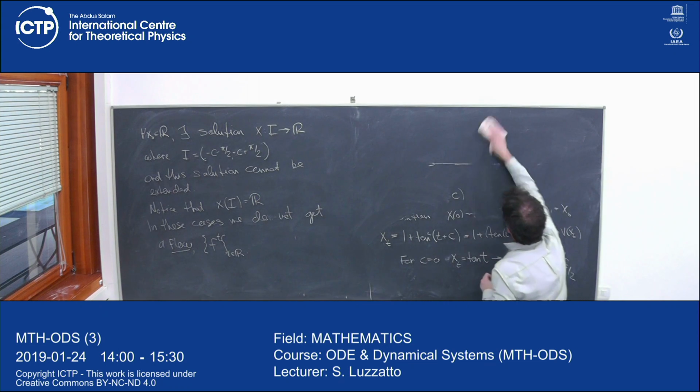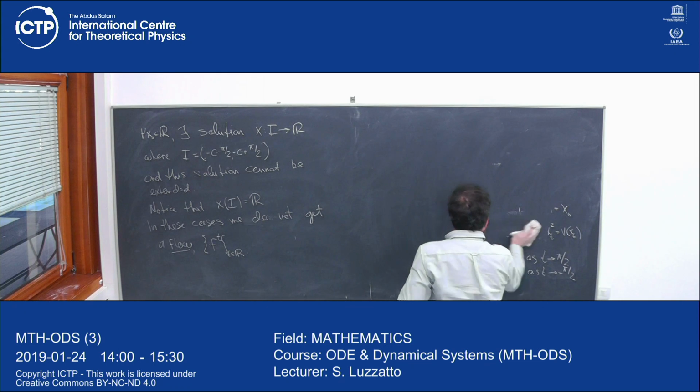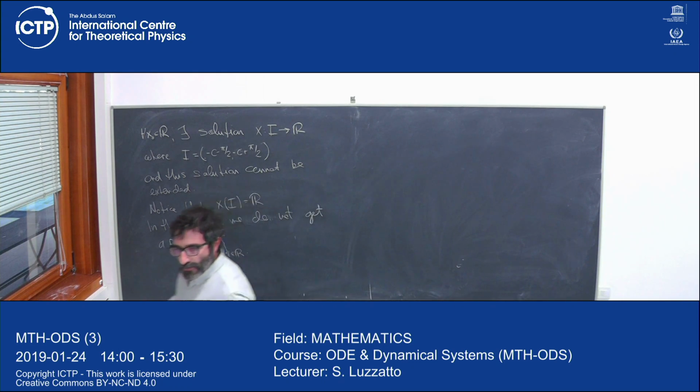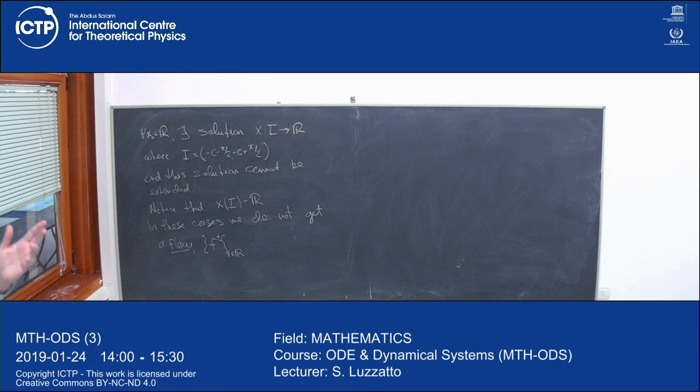So now let's look a little bit back at the... I just have a question. Yes. Why can't we extend this? If we take another branch of the tan, the resulting function also satisfies the same differential equation. Well, but the solution has already gone to infinity.